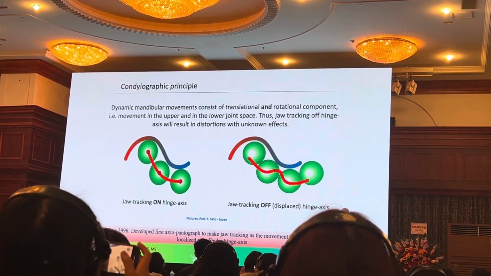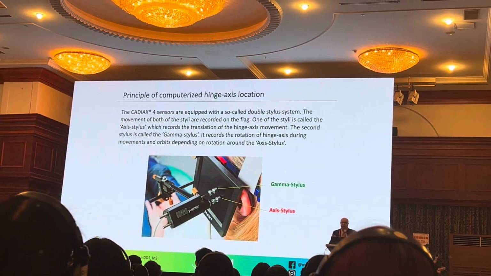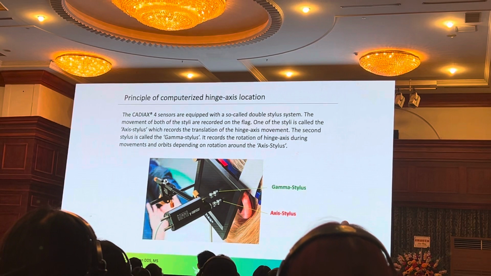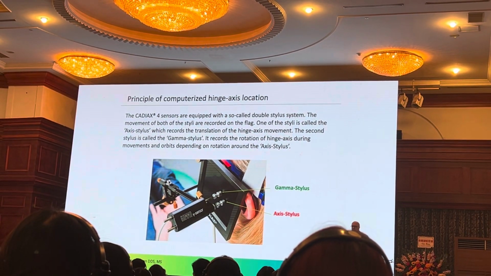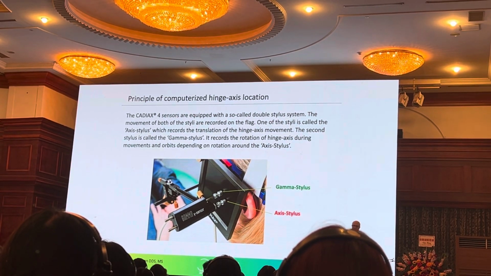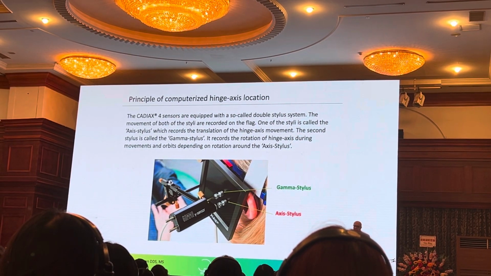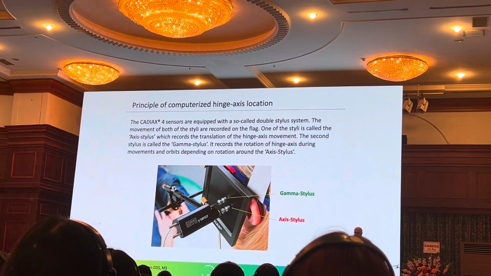Otherwise the curves are not good. To do it, I need to find how I can record this movement. So I like to use this system, which is a magnetic system that will be transferred to the computer, where you can locate the hinge and you can measure the movement of the joint all the time.